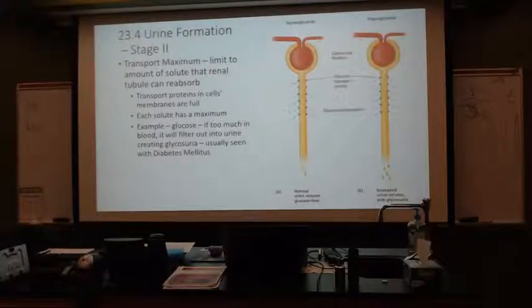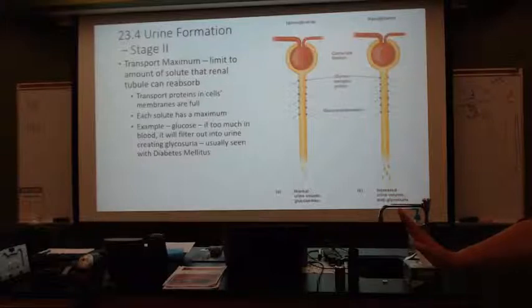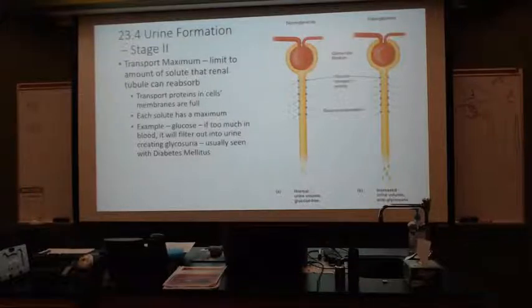Some of that is okay, because at other parts of the nephron and the collecting duct, it can move. But the one place that glucose can move is at the PCT. If the body has not utilized it correctly, it exceeds the maximum at this point of the nephron.